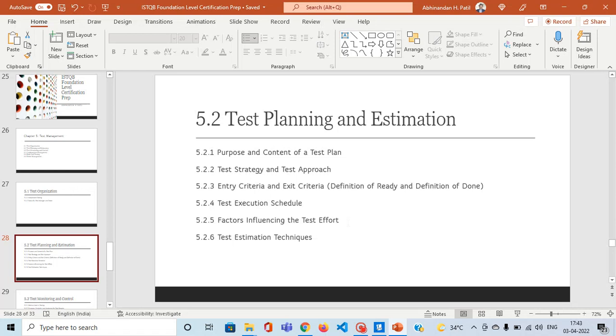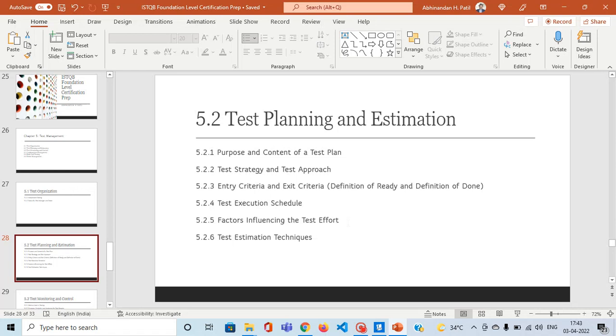And next, in 5.2.5, people characteristics. Basically, how do people influence? Skills and experience of the people involved. If the people involved are very skilled or very experienced, the effort will not be the same as for a team that is not skilled and not experienced.